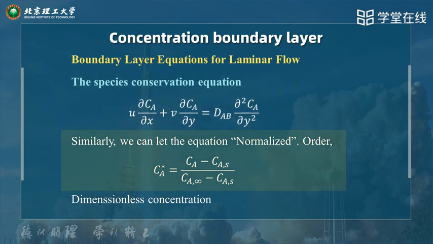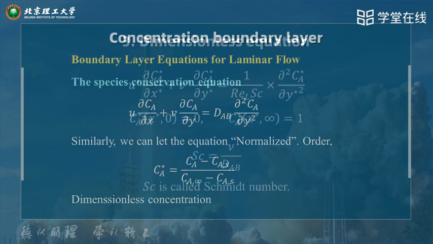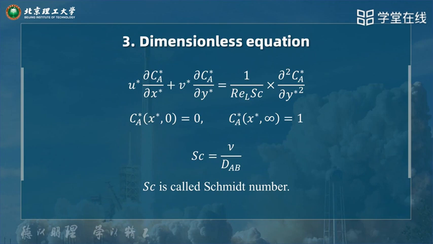Similarly, we can normalize the equation, in order: CA star equals (CA minus CAs) over (CA infinity minus CAs). This is the dimensionless concentration, CA star. We do it the same way as in convection heat transfer.